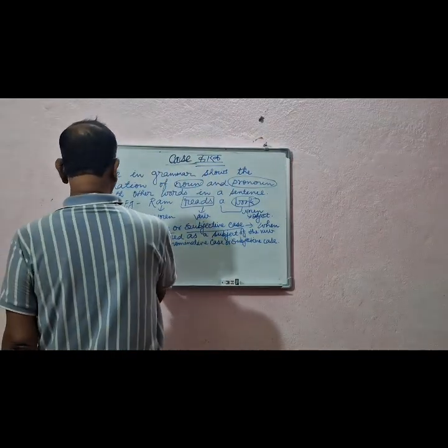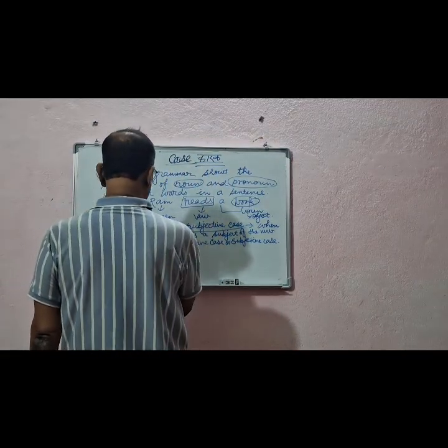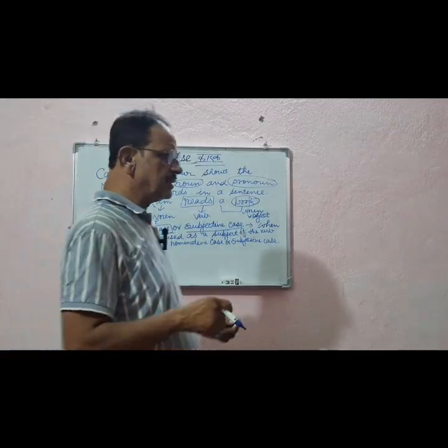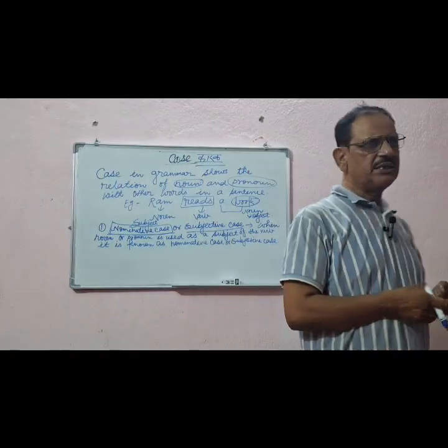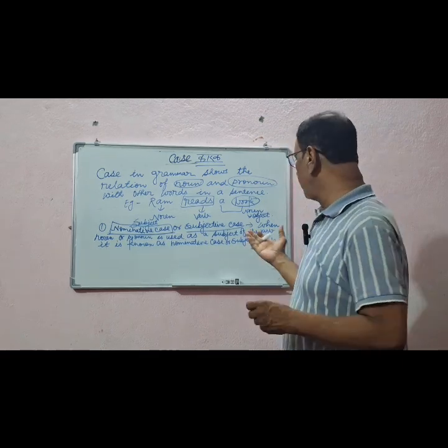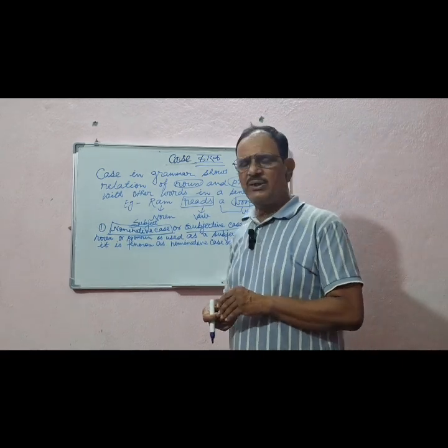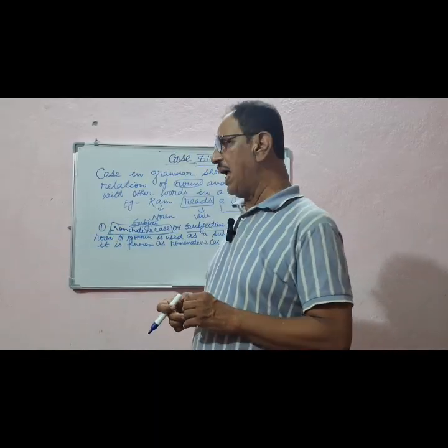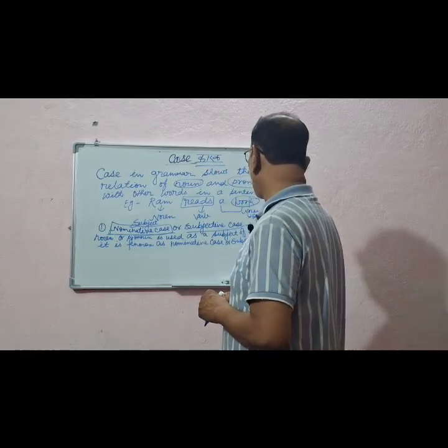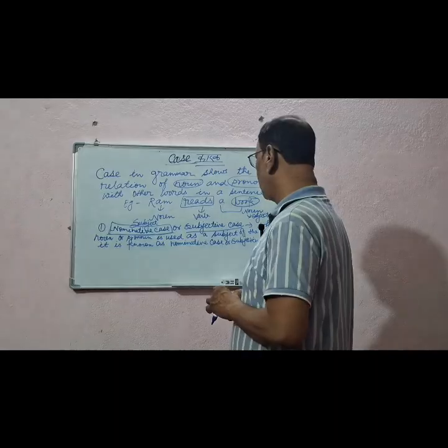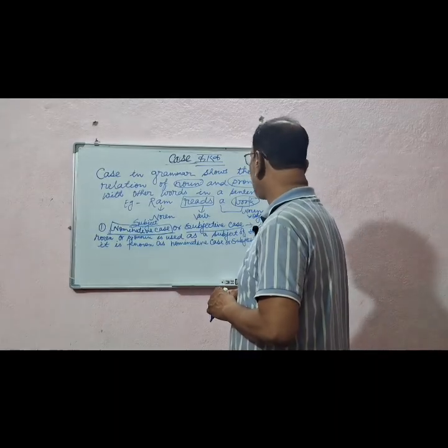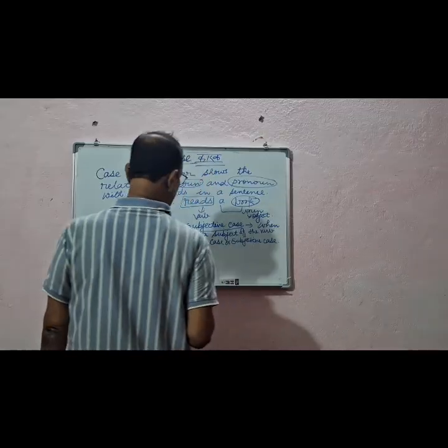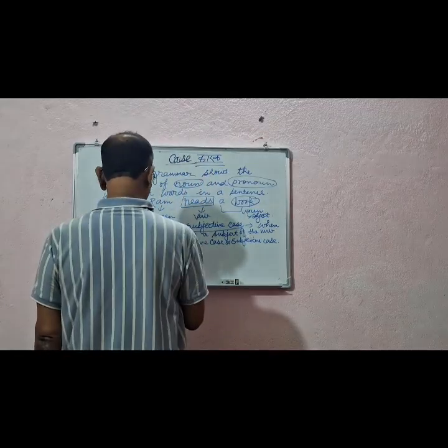Now we have to understand about nominative case. This nominative case is also called subjective case. The name itself says why it is called a subjective case, because the noun and pronoun which is used here is used as a subject of the verb.